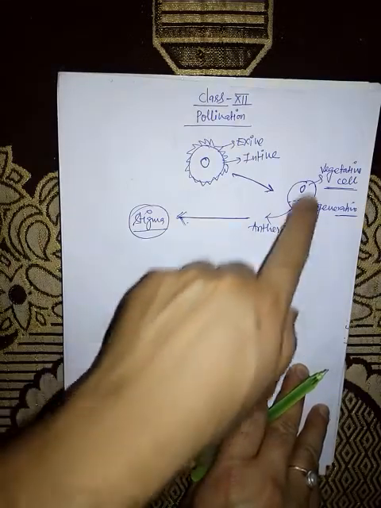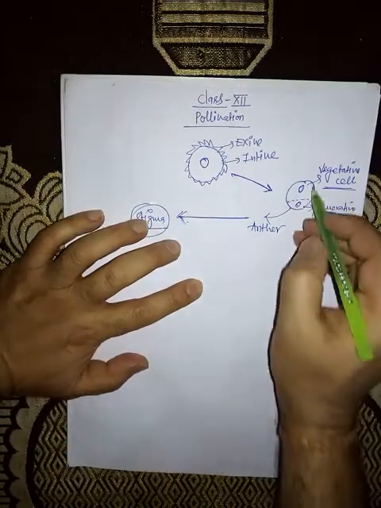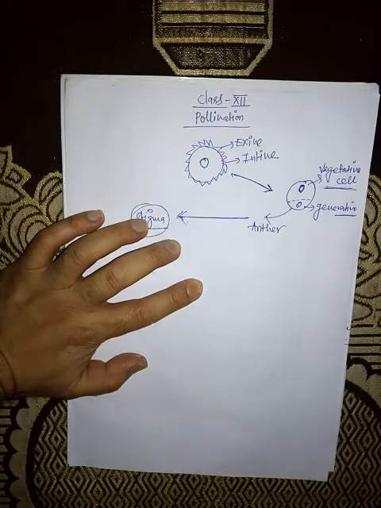But in this two cell stage, the vegetative cell is bigger and has abundant food reserve and a largely irregular shaped nucleus, but the generative cell is small and floats in the cytoplasm of the vegetative cell. It is spindle shaped with dense cytoplasm and nucleus.